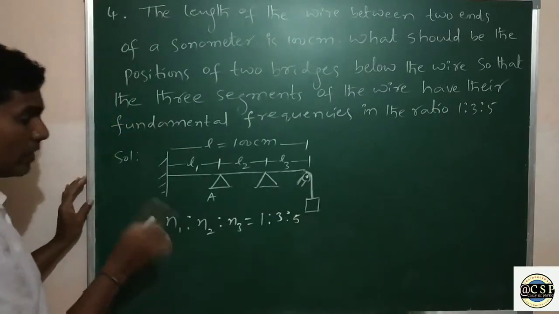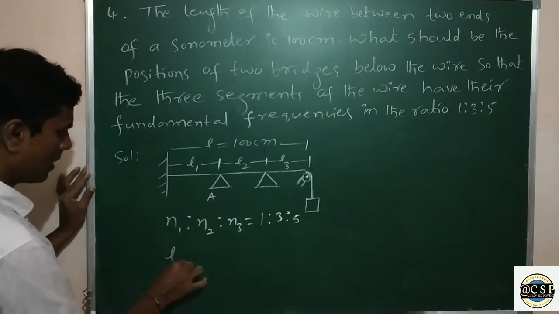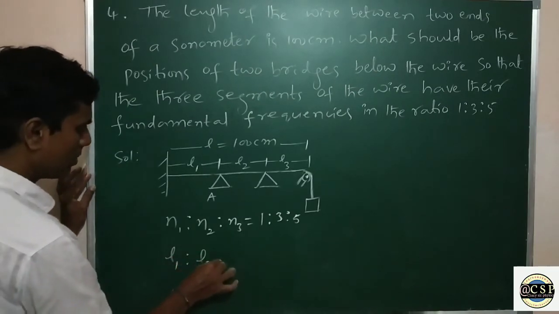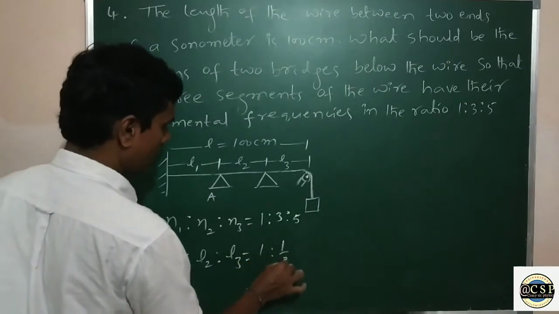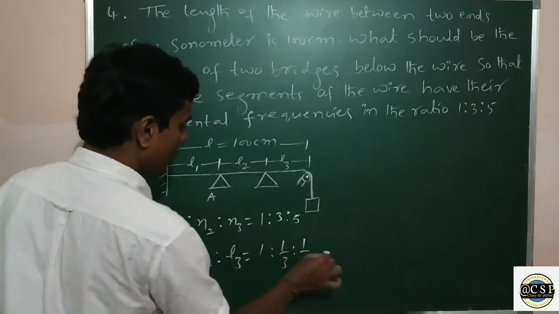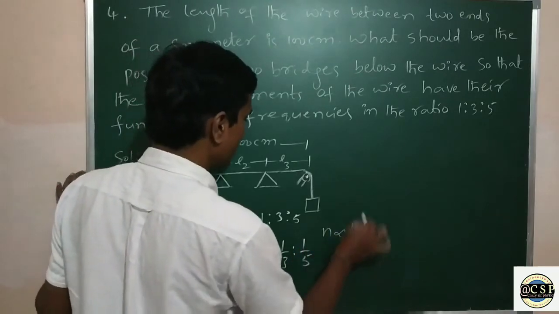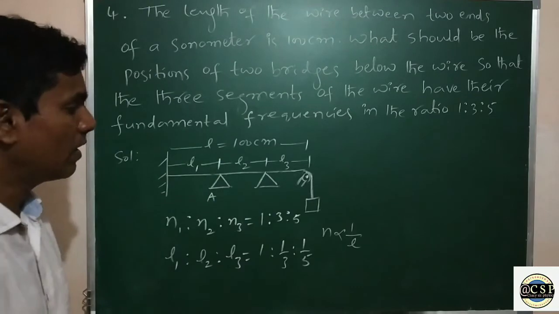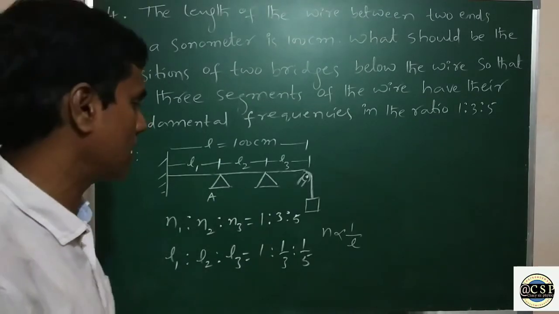We need to find the ratio of lengths, L1 is to L2 is to L3, which equals 1 is to 1 by 3 is to 1 by 5, since n is inversely proportional to length according to the first law of stretched strings we discussed in the previous class.